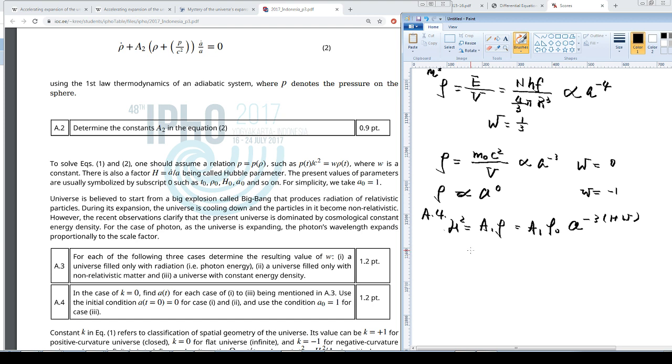And that is a dot over a, which we need to take a square root of. So it becomes, let's call that just some constant b, which is root a1 rho naught.